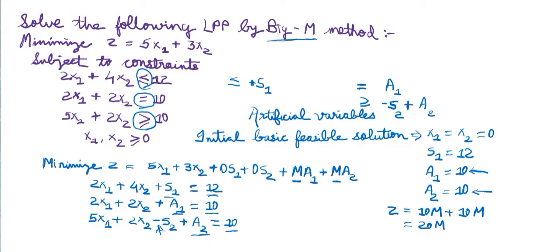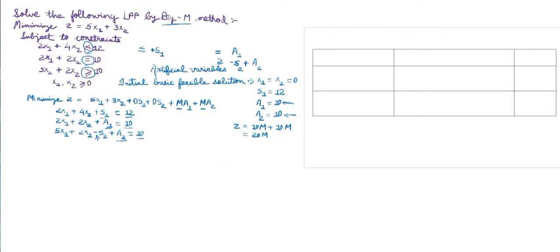Now our first step will be to make a table like this, which is CB, basic variable, solution, x1, x2, s1, s2, a1 and a2. This is how we'll make our table. Now let's write the basic variables.